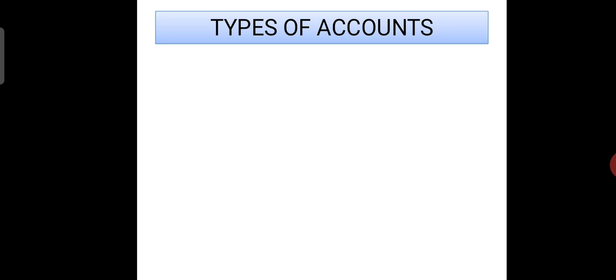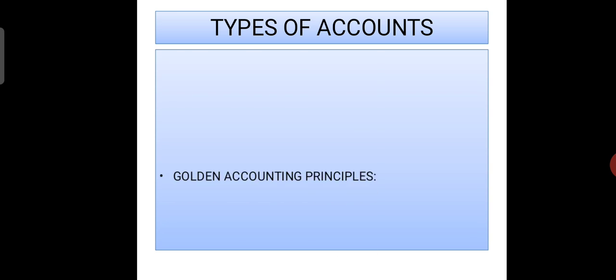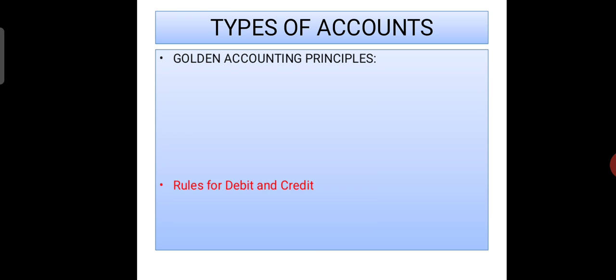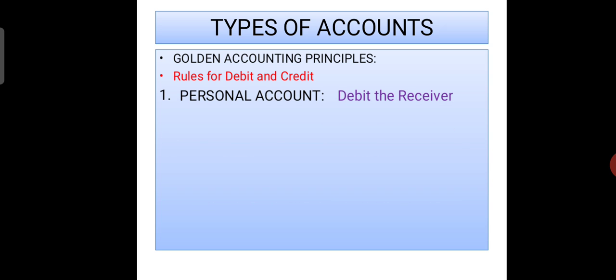types of accounts. Students, there are three types of accounts in accountancy with debit and credit rules. Those are called golden rules of accounting. Golden accounting principles, a rule for debit and credit. Personal account. So what is the personal account? Personal account consists of names of persons and institutions, organizations.